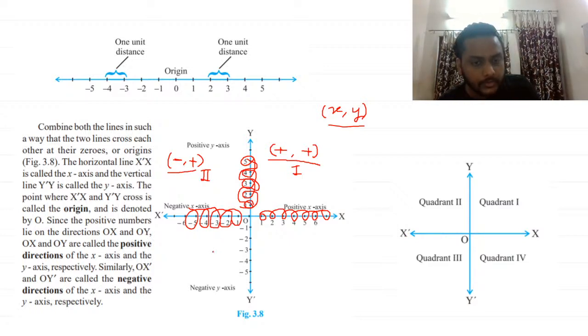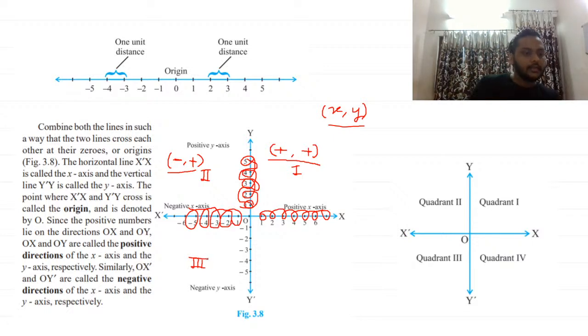Now if I talk about this third quadrant, guys, will anyone tell me what combination there will be in the third quadrant? Will anyone tell me now? If you see in the third quadrant, I am having my x as negative.